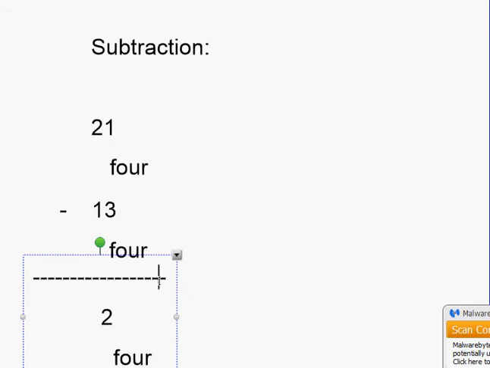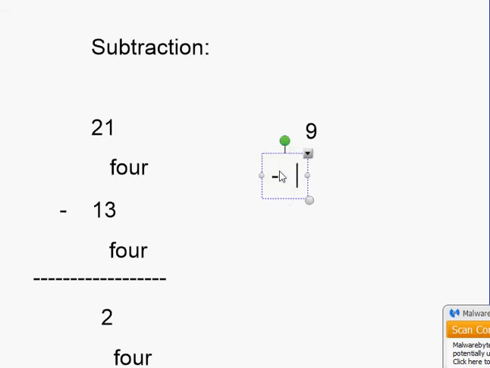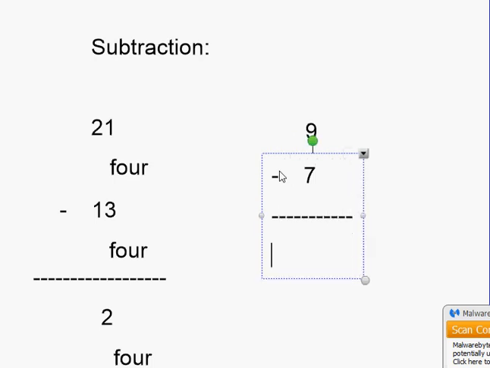Suppose we have 1 2 base 4 times 3 base 4. This would give us 102 base 4. 3 times 2 gives us 6, but 6 is not a digit in base 4.